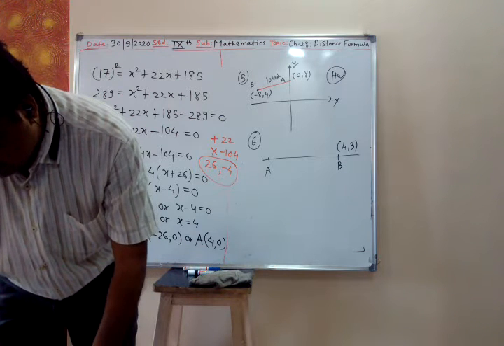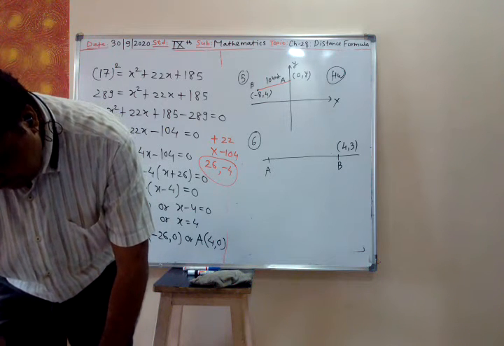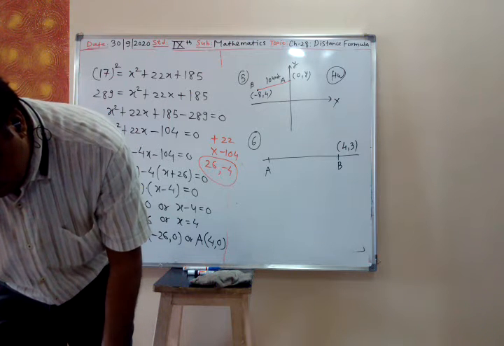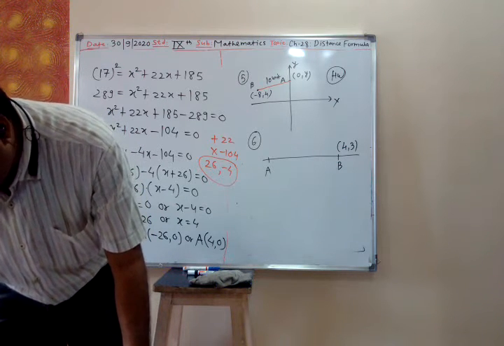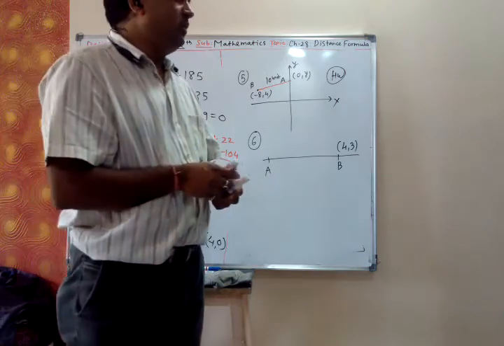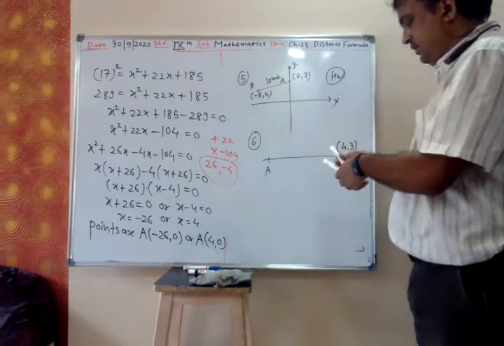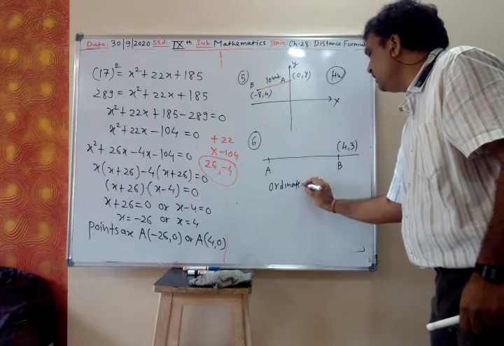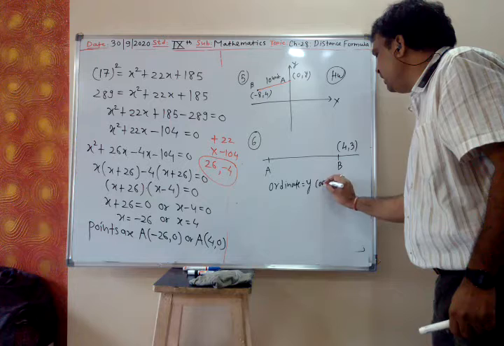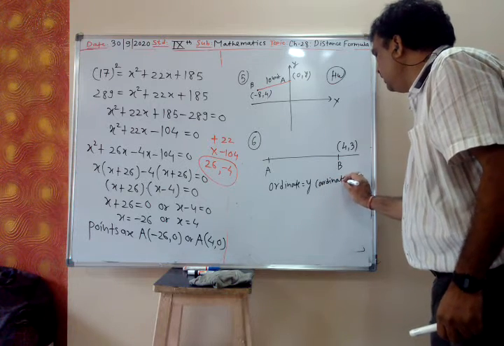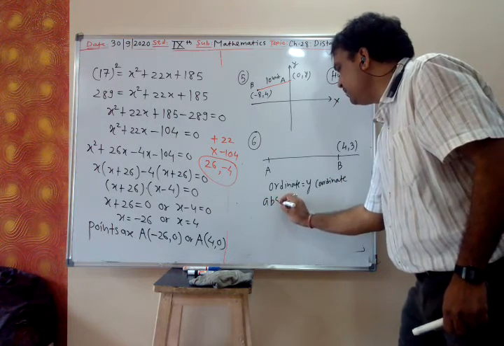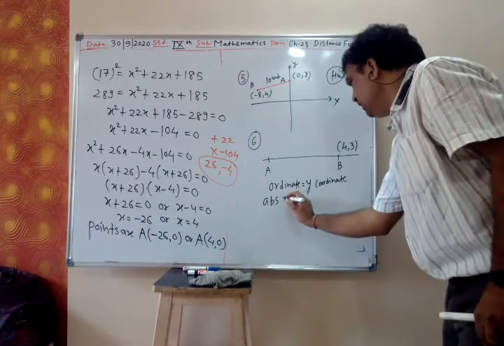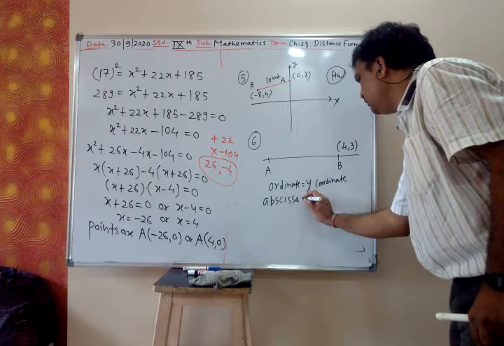if its ordinate is twice its abscissa. Ordinate means y coordinate. This you remember. And abscissa is x coordinate.